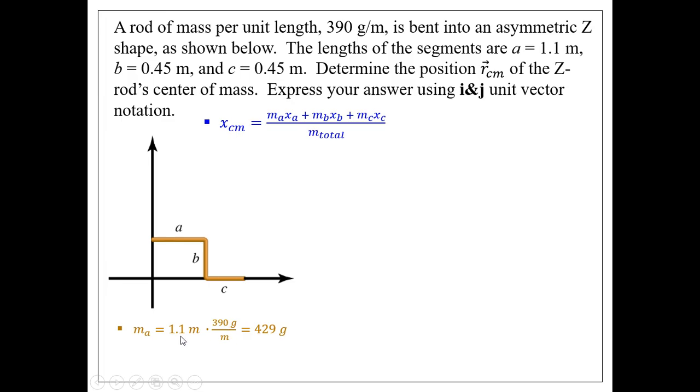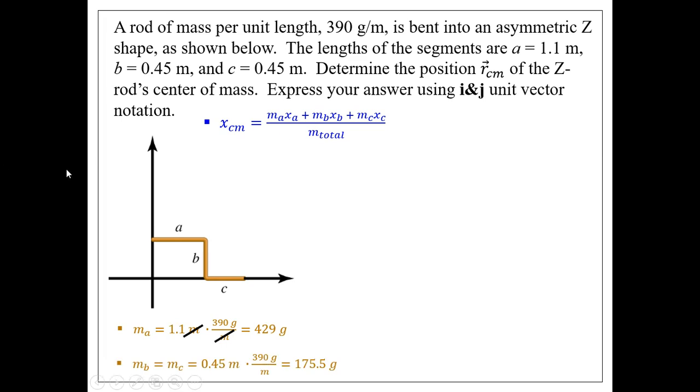So 1.1 meters is the length of A, times 390 grams per meter. If you do this correctly, the unit meter cancels out, so 1.1 times 390 is 429 grams. I'm just going to leave it in grams and not convert to kilograms, because there's M on the top and M on the bottom, so the unit will naturally cancel out and the ratio stays the same.